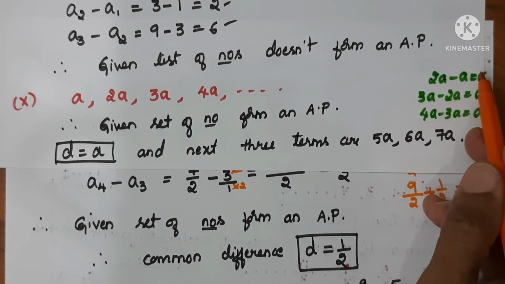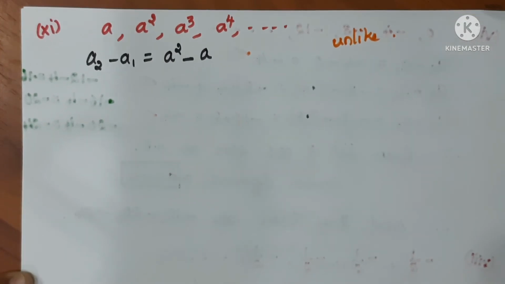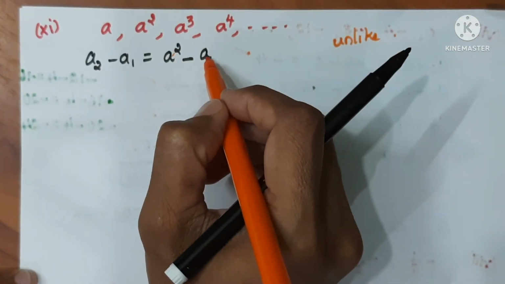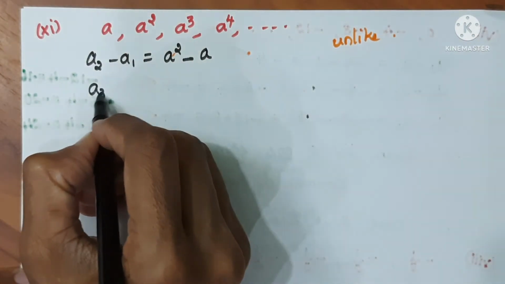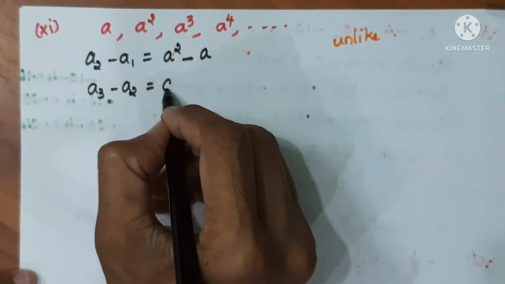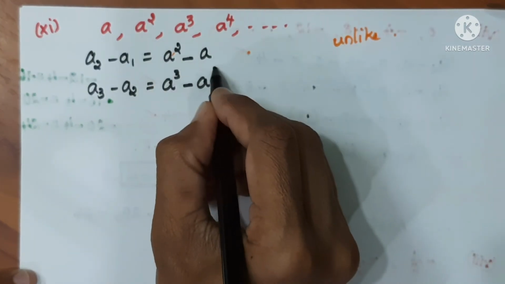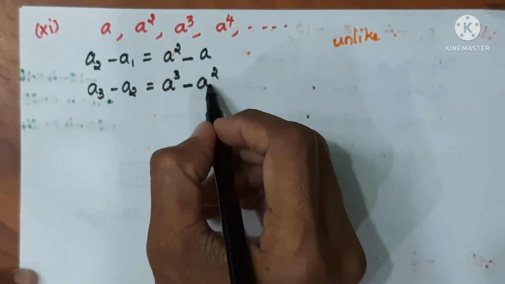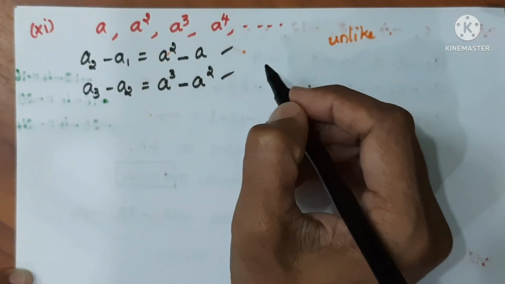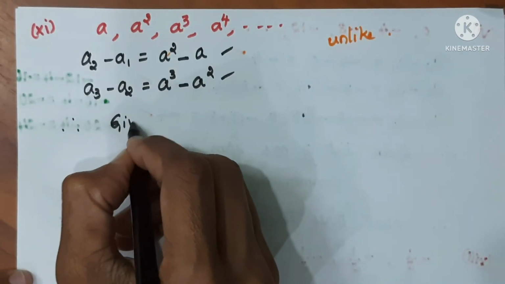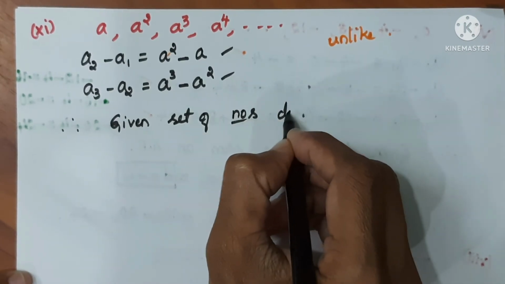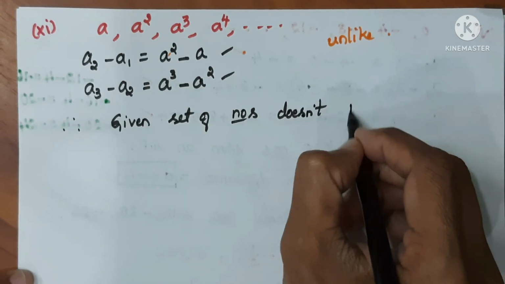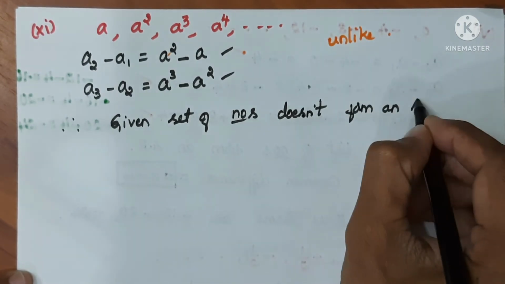Here 2A minus A, so we can subtract and we will get A. But in the 11th set of numbers, here A square cannot be subtracted by A because they are unlike, so we cannot subtract. Again A3 minus A2 will be equal to, third term is A cube minus second term is A square. Here also we cannot subtract because they are unlike terms. Since the difference is not common, therefore given set of numbers does not form an AP.